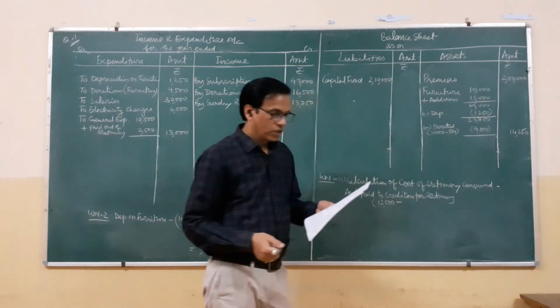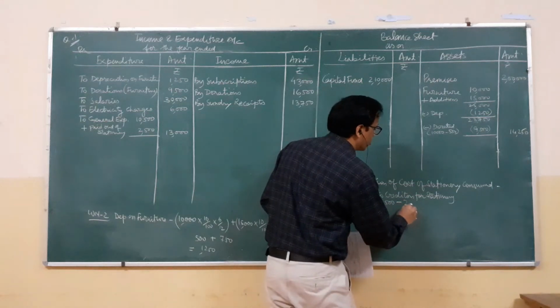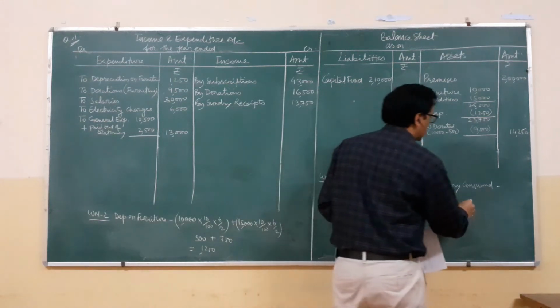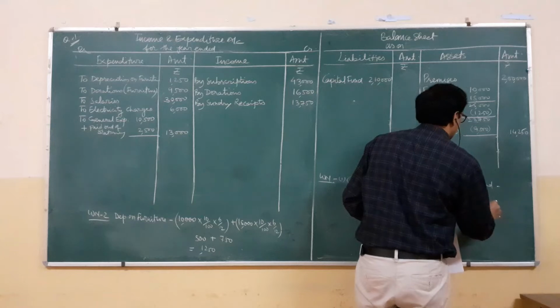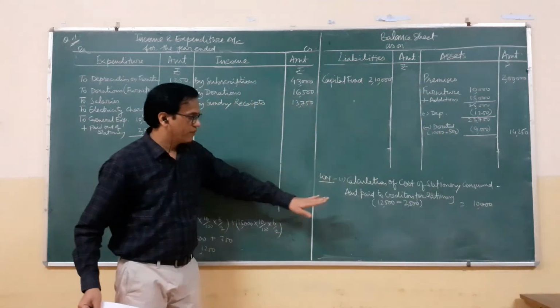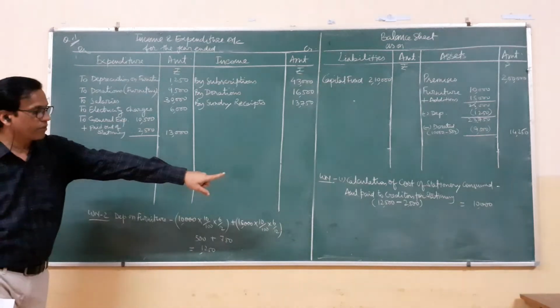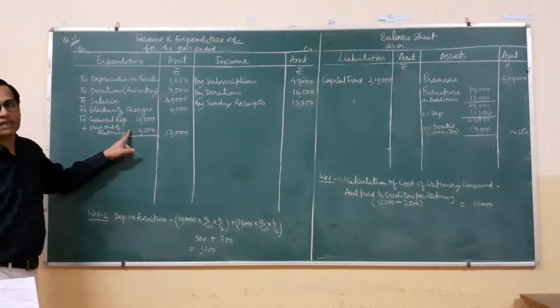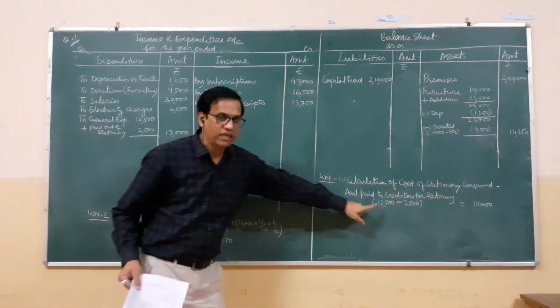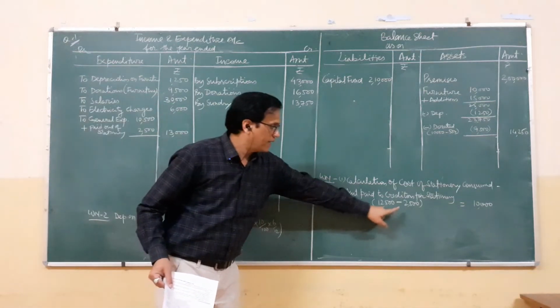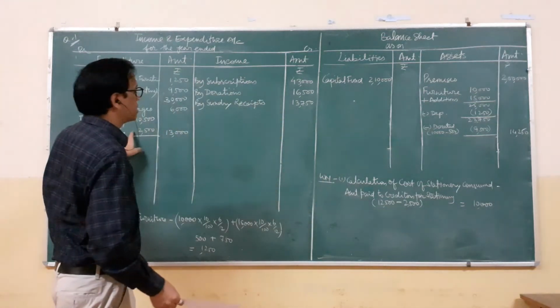Out of it, 2,500 relates to general expenses. We subtract it. You have to keep it in your mind. This 2,500 we have to subtract from this creditors amount and add it to the general expenses amount.